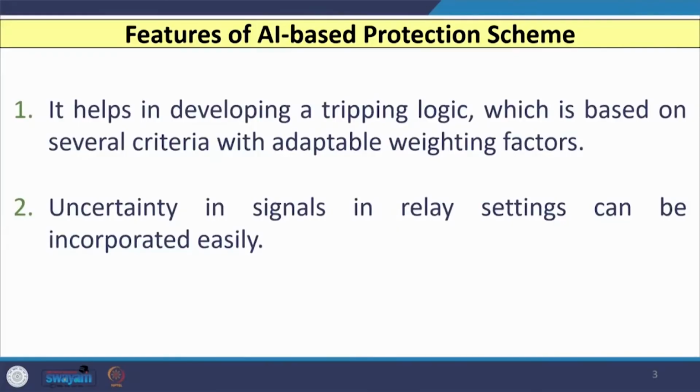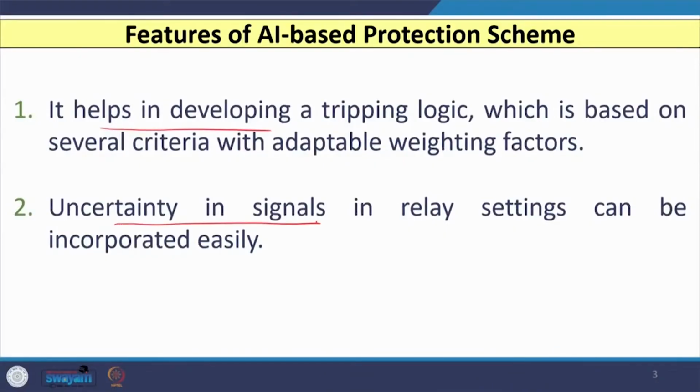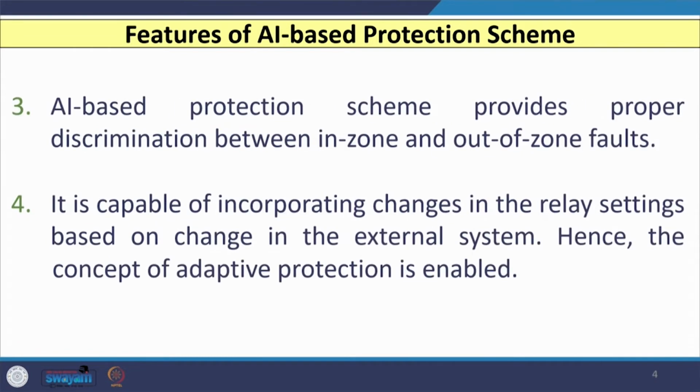Now, let us see what the features of AI based protection schemes are. The first feature is that an AI based protection scheme helps in developing a tripping logic, in which we can have adaptive logic also using several factors known as weighting factors. Uncertainty, if it is there in any acquired signals, may be voltage, current or any other signals, and if those parameters are used in the calculation of relay settings, then that can also be easily incorporated using AI based protection schemes.